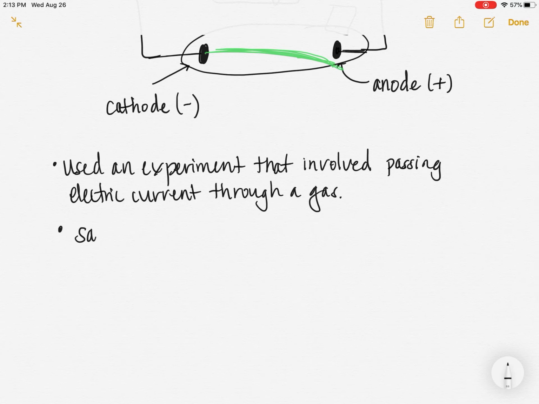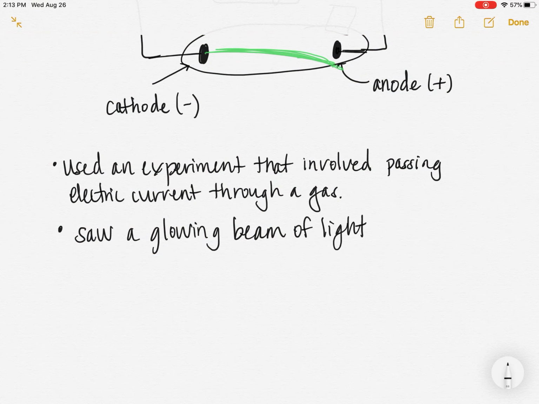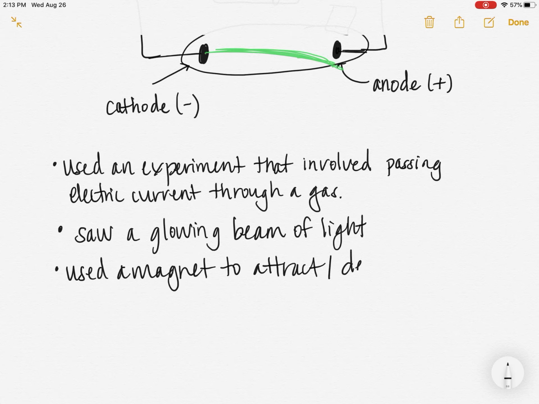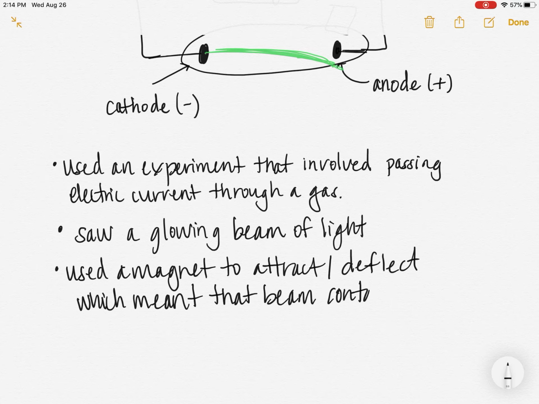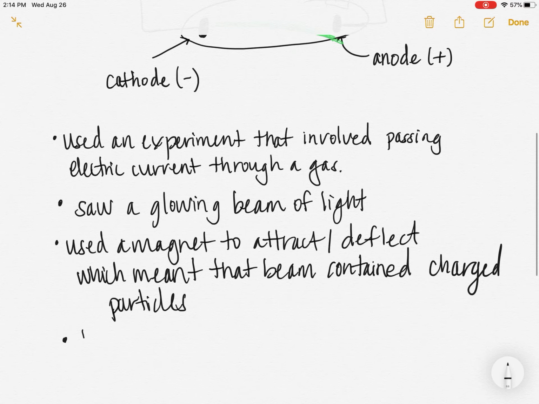Okay, so after he turned the current on, he saw a glowing beam of light. He used a magnet to attract and deflect the beam. That's what happened, which meant that the beam contained charged particles.